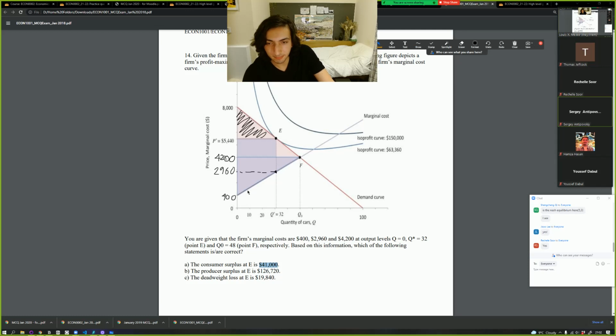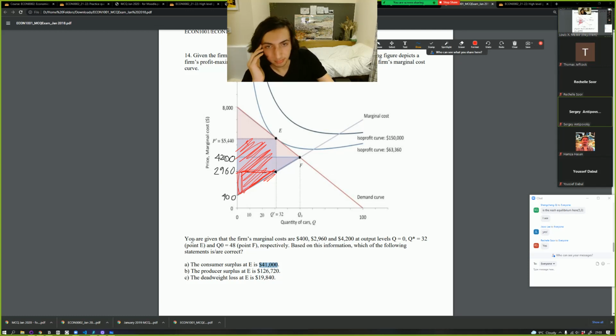Continuing. Producer surplus is characterized by this section here. What I would do is calculate this triangle here, and then do the rectangles.